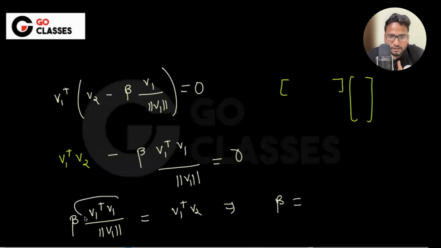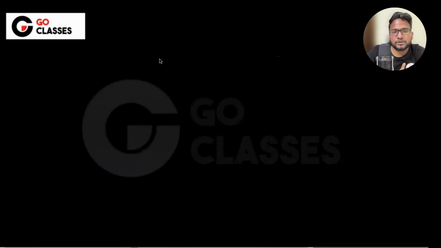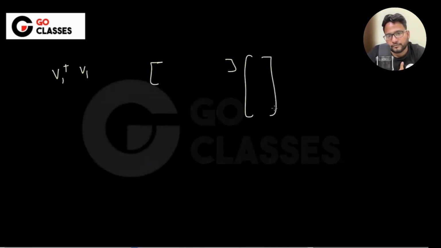Okay, by the way, tell me what is this? If you are multiplying this v1 and v1 itself, what is this in terms of norm? So let me just tell you. See, if let's suppose you're writing v1 transpose v1, which means you are multiplying this v1 by itself, right?